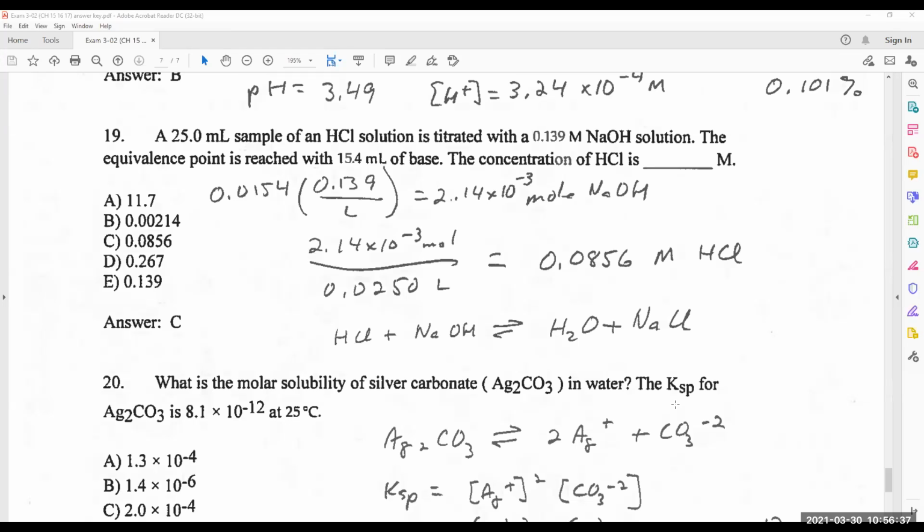So this number of moles, the 2.14 times 10 to the minus 3, represents the number of moles of acid that must be present. To get the concentration, we take that mole value and divide it by the volume of acid we were working with, 25 mL. We need to convert that to liters to have moles per liter. And we wind up with 0.0856 moles per liter of HCl.